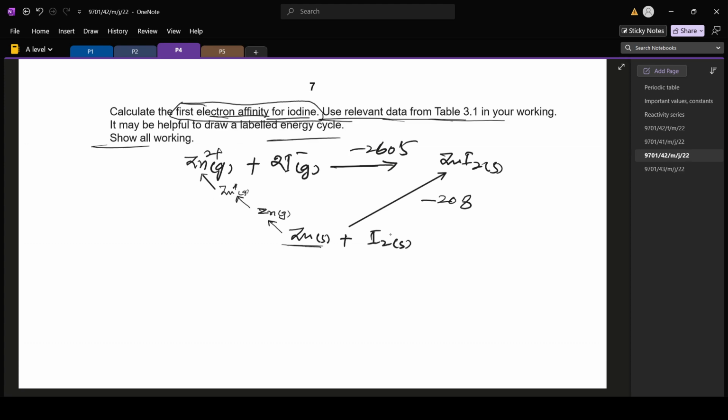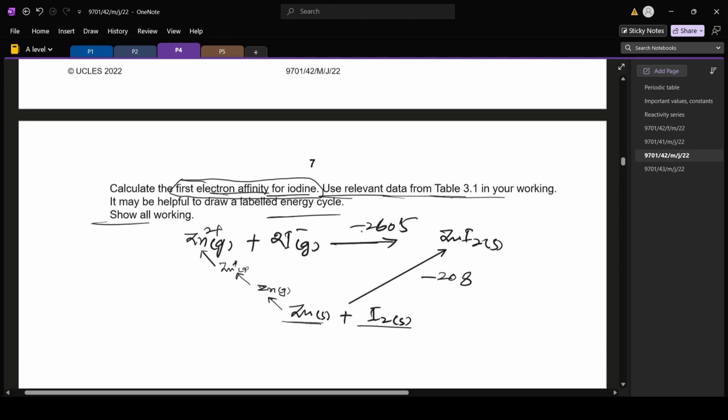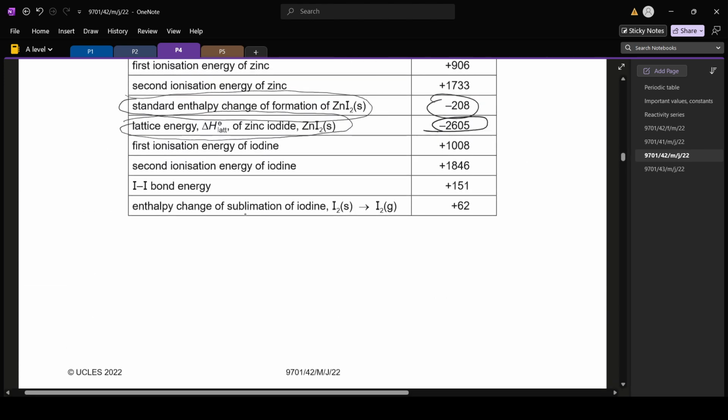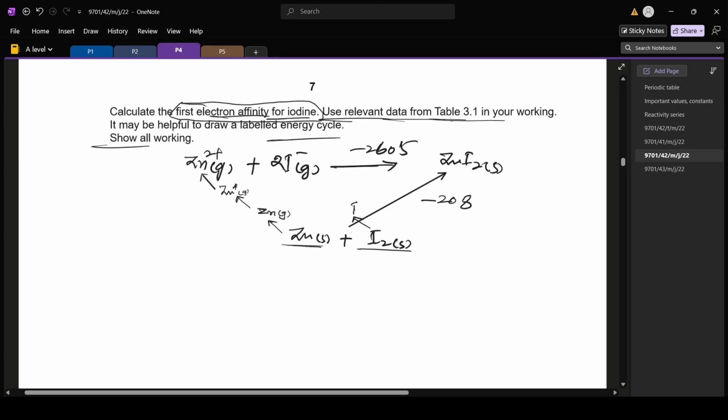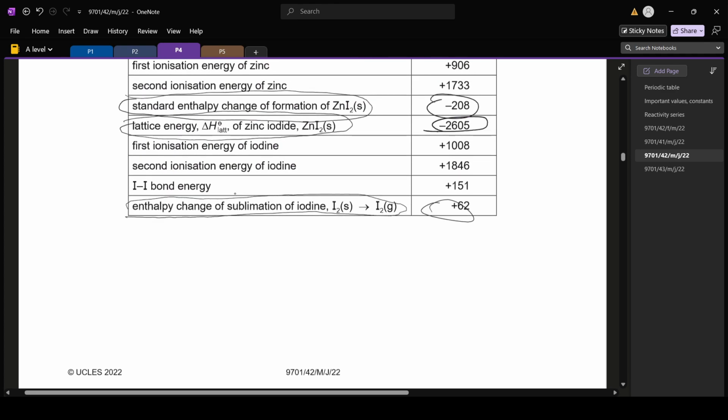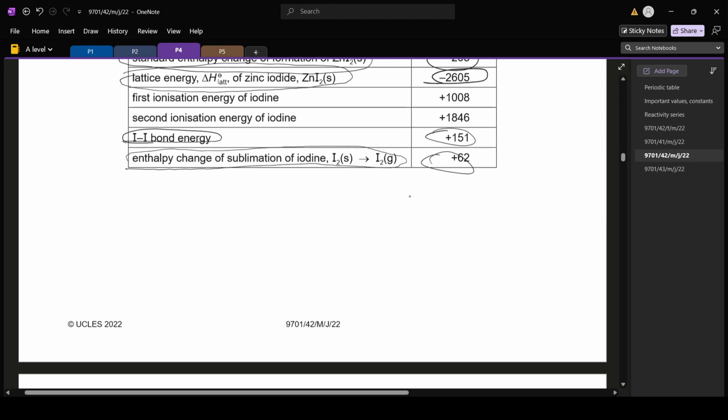For iodine, you have the enthalpy change of sublimation, which is given to you. Firstly you make it gaseous. Then you break the iodine bond, and the bond energy of the I-I bond is given to you, which is 151.